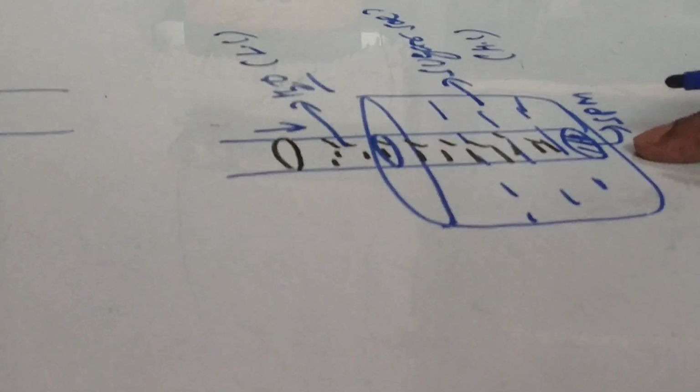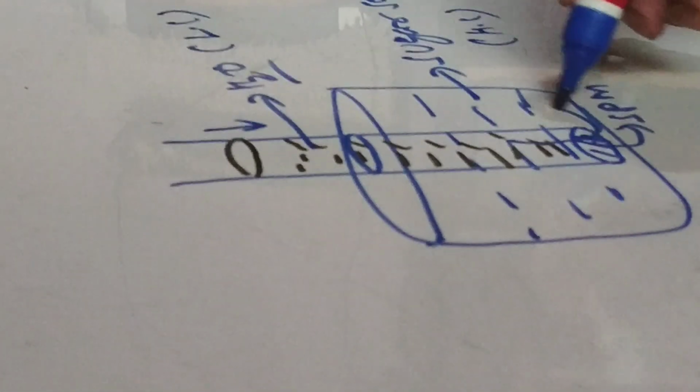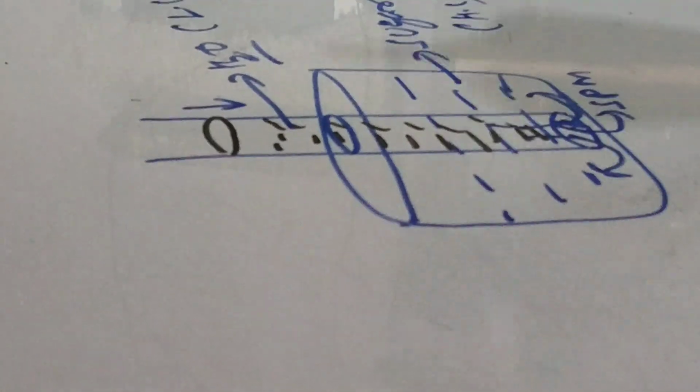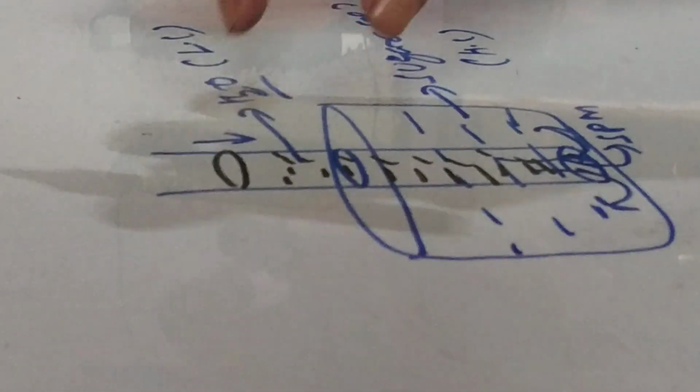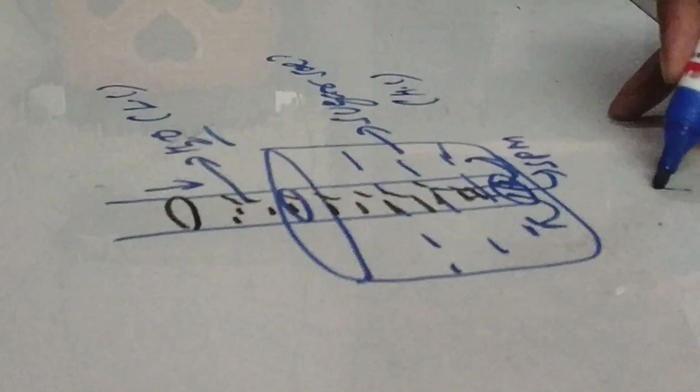I am using an SPM here so that we can observe after some time the solvent particles move through the SPM to the solution side. So the level of water inside the glass tube decreases, and it is due to the osmosis. So this process is your osmosis.